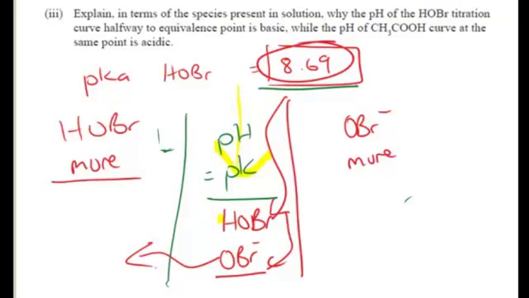So even though we have more HOBr present in solution, it is not actually producing that much H3O plus, or hydronium ions, compared to how much the OBr minus is dissociating. So it really is an indication of the acid or base strength. Okay, and you just need to be able to explain that in your answer.